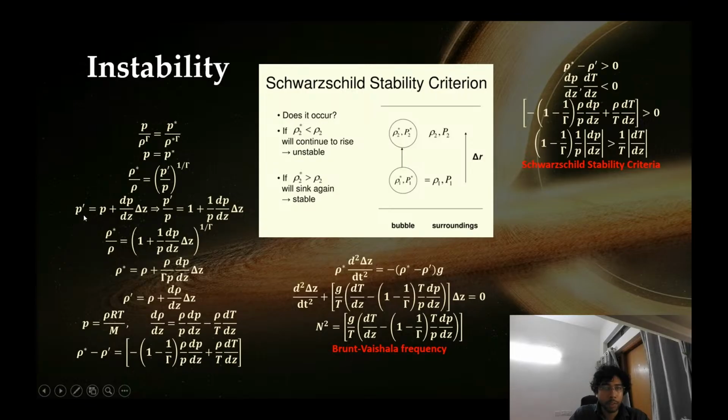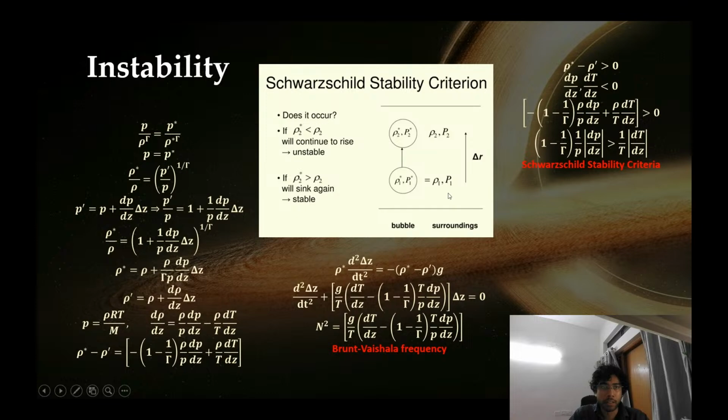Now, we check that P prime equals P plus dP/dz delta z. Therefore P prime by P equals 1 plus 1 by P dP/dz delta z. There is a little bit of difference in notation over here. Let's take rho and P as the density and pressure at this point, and rho prime and P prime as the density and pressure at point 2.